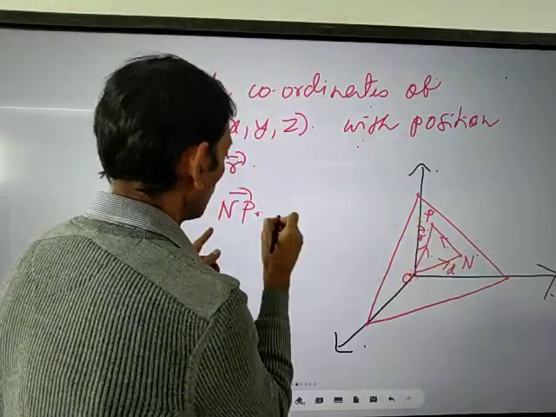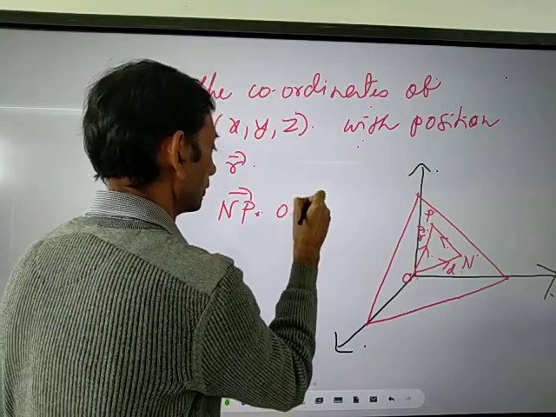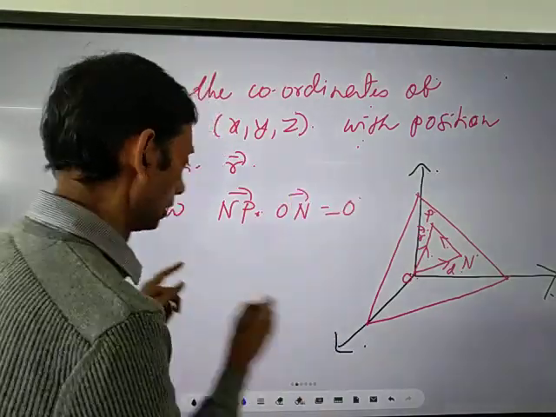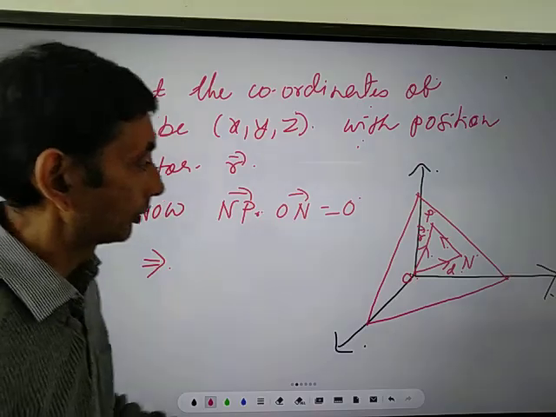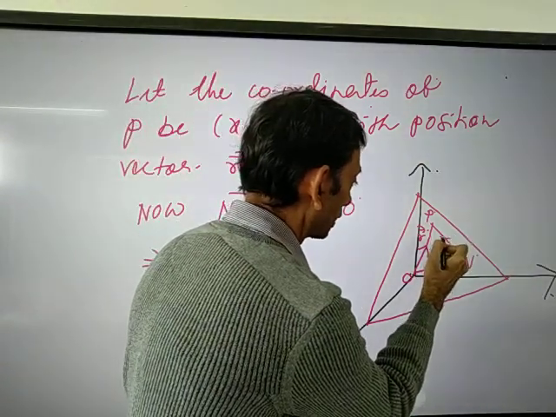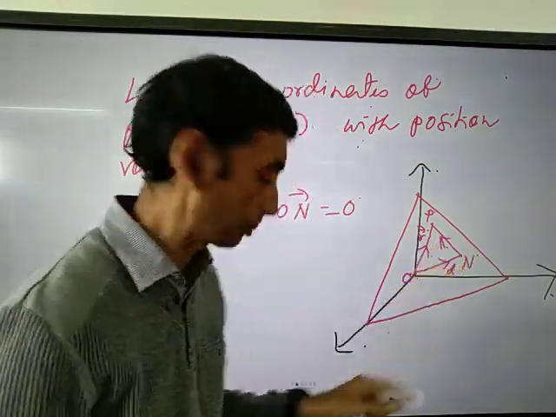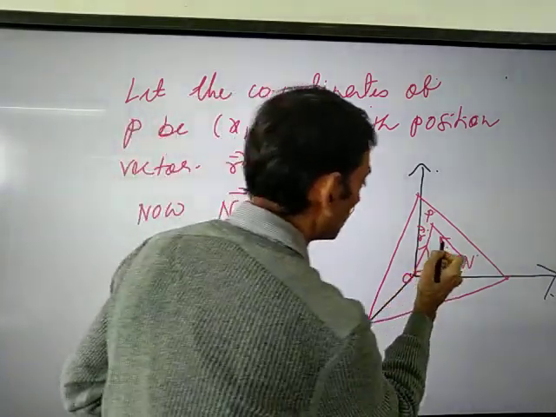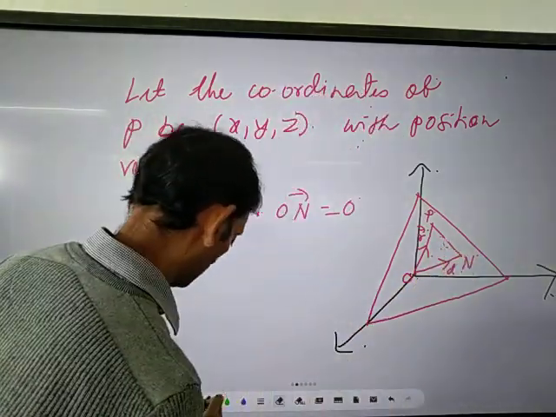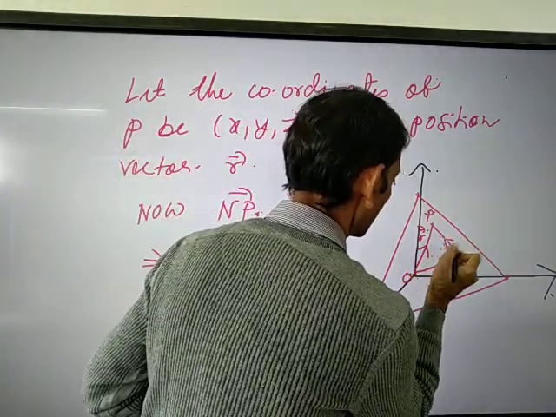So NP dot ON is equal to 0. So this implies we can just use the triangle law of vector addition to get the value of NP. Yes, this is right.